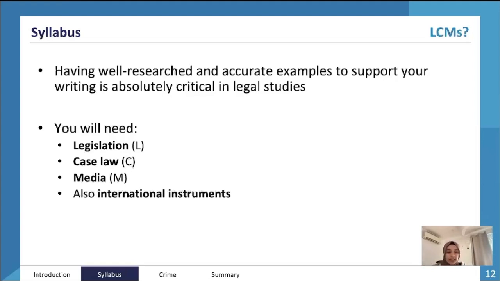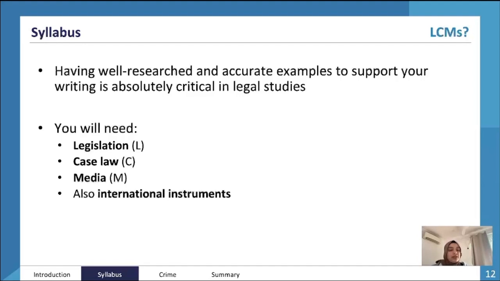For essays, you would probably need to integrate most of these, definitely the first 3, sometimes the 4th one. Depends on the question. Sometimes questions emphasize international instruments, sometimes they don't, so that's up to you depending on your question and your expertise in how you would approach that.